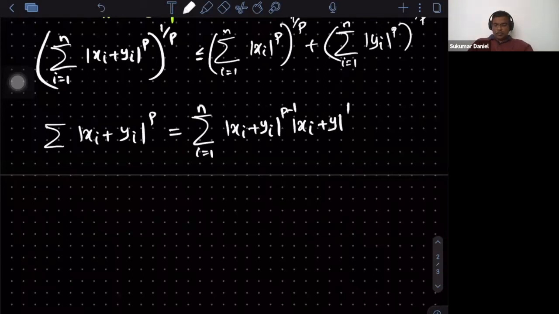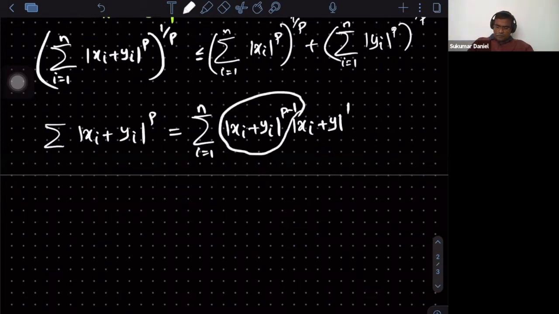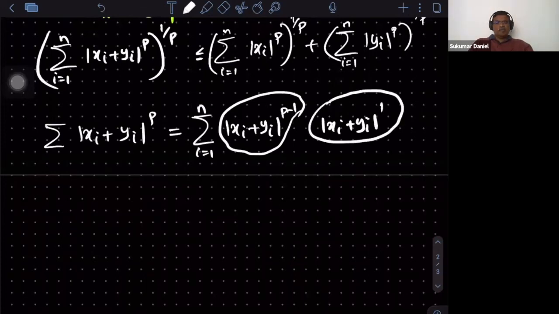Okay, so now this is one term, and this is another term. Now apply the Hölder's inequality and you will get the Minkowski inequality.